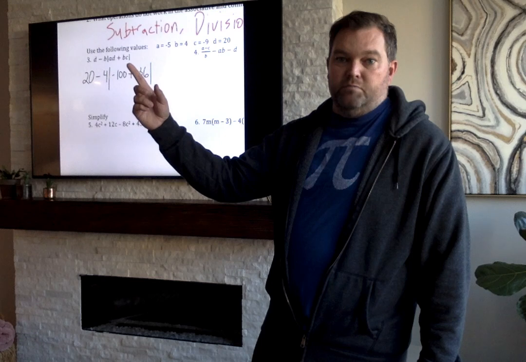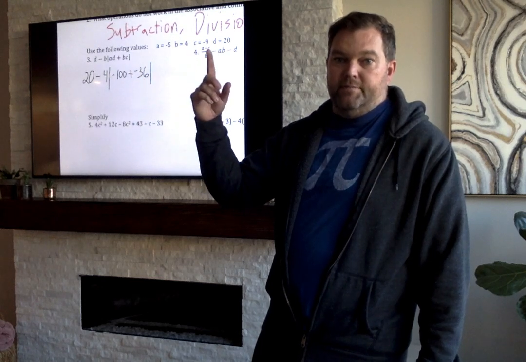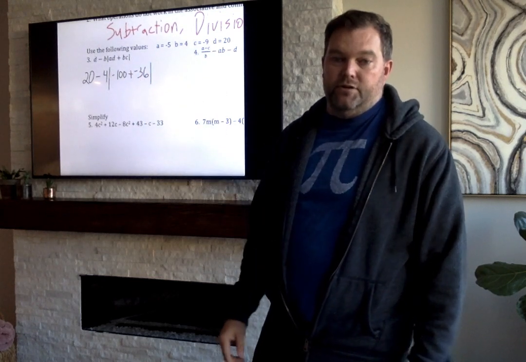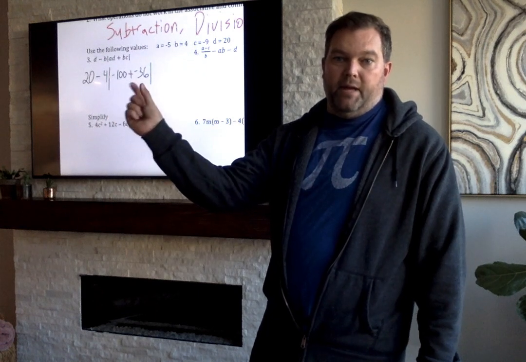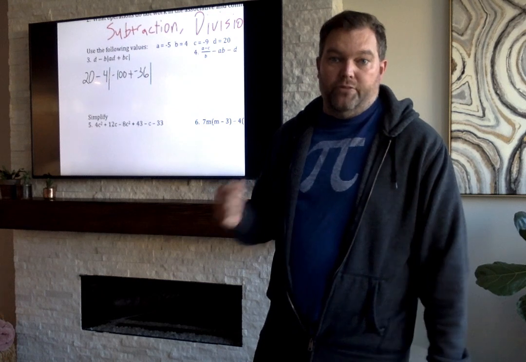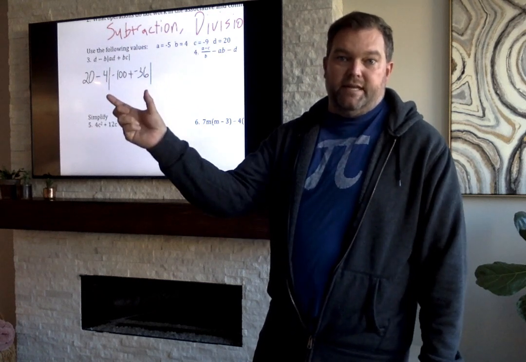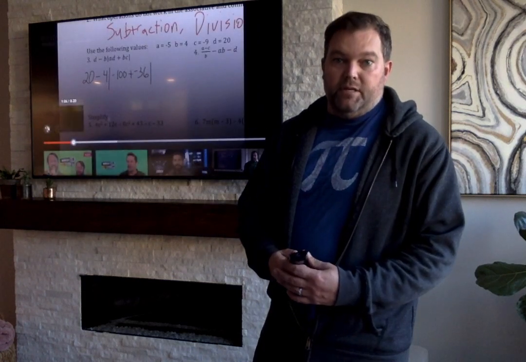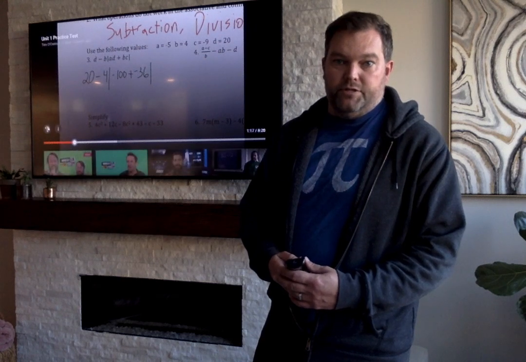And here where it says BC, that's 4 times -9, so that's why I got -36. So I'm going to combine -100 and -36 to get -136. But since that's in an absolute value, that's going to be a positive 136.